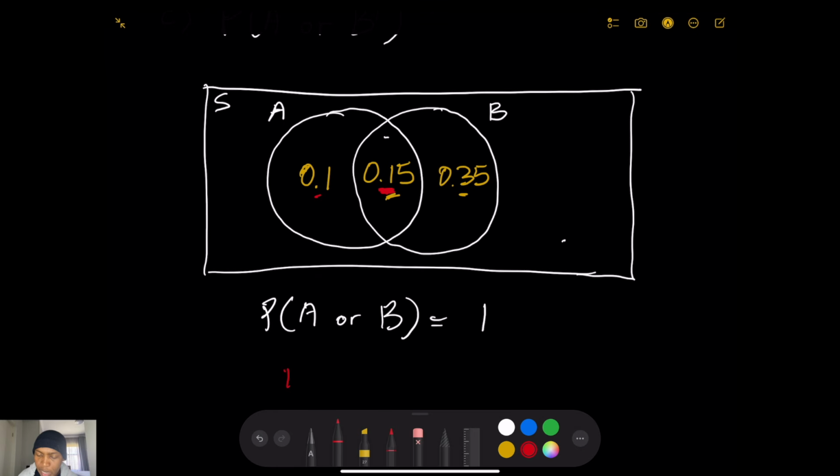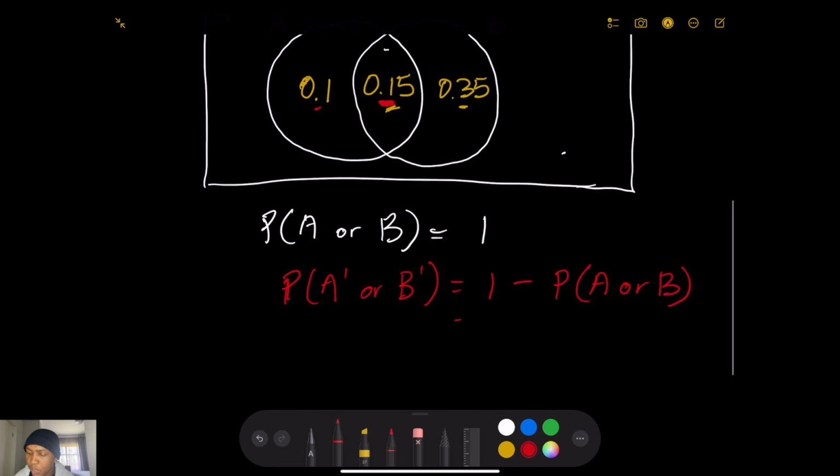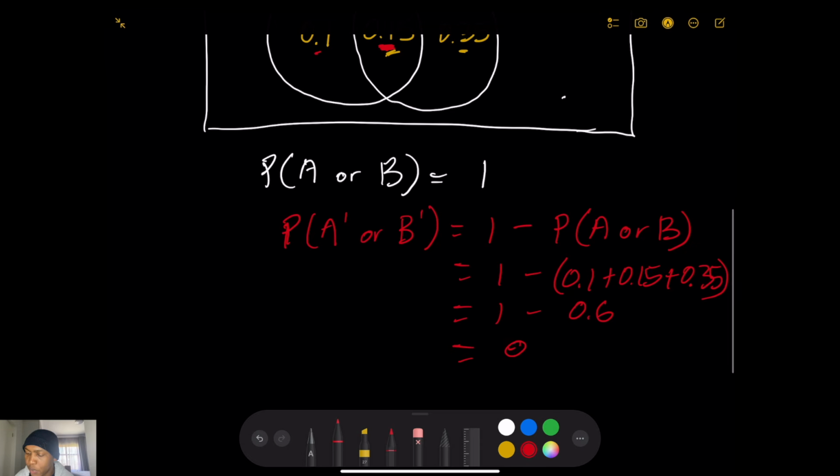if I say the probability of not A or not B, in this case, that would be 1 minus the probability of A or B. Okay, so that would give me 1 minus, as we said, 0.1 plus 0.15 plus 0.35, and what we get there is 1 minus 0.6, which will give us 0.4.